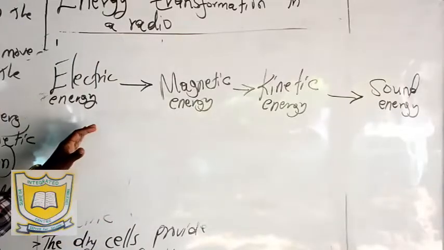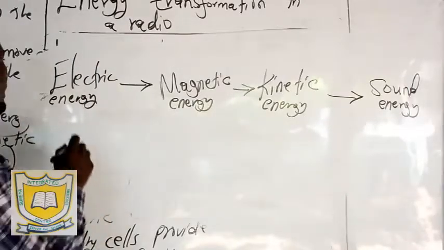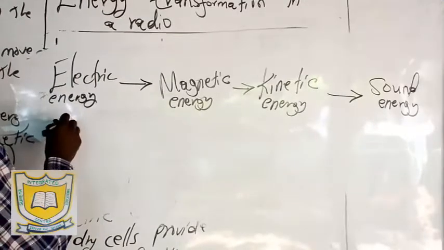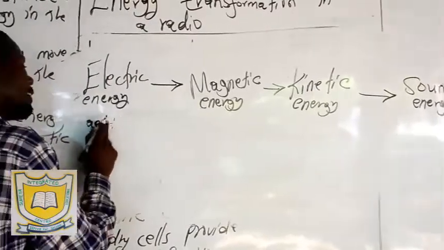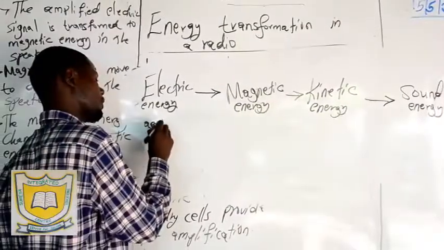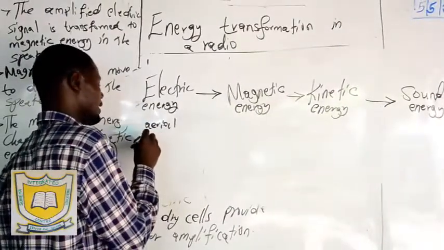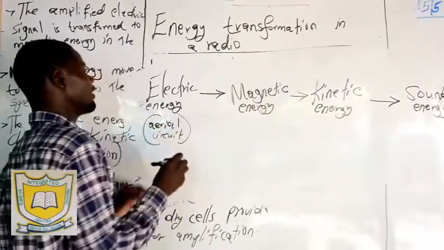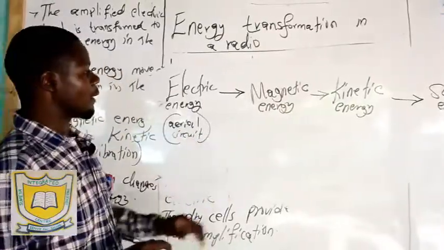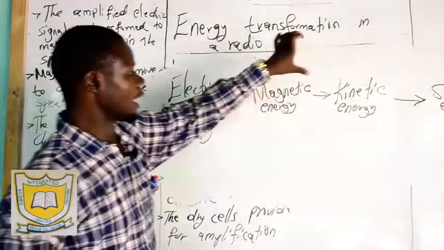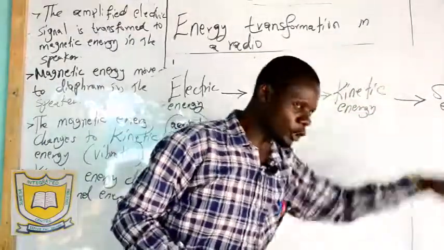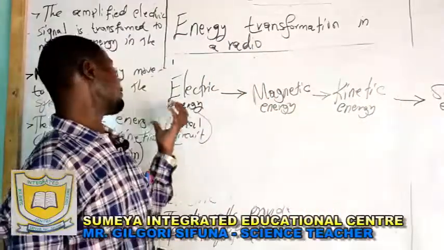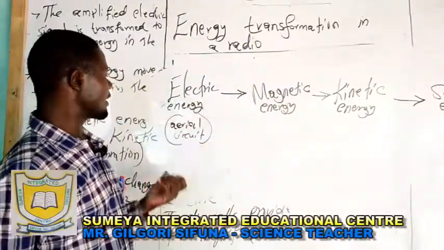The aerial and the radio circuit are the ones having electric energy. But magnetic energy, kinetic energy, and production of sound, all of this is in the speaker, and the energy is from the electric energy that is in the circuit.